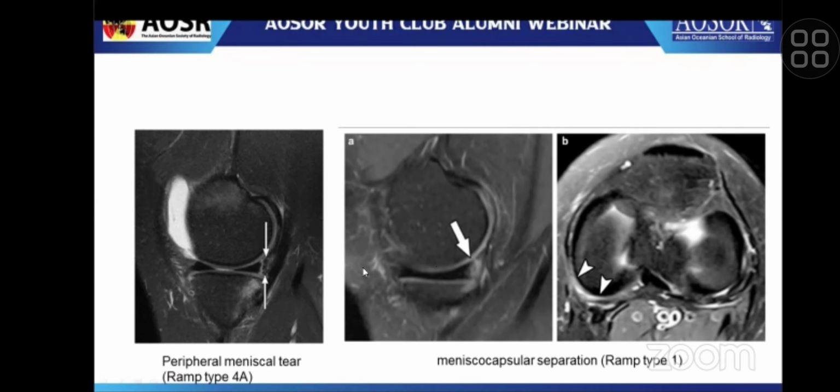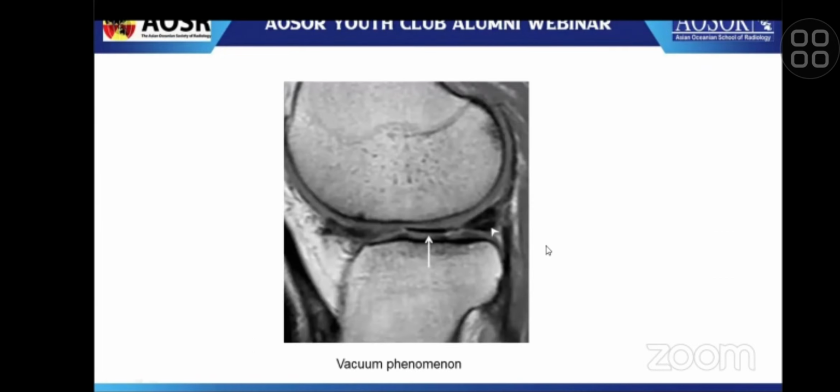We should differentiate them from each other, as peripheral meniscal tears are a much more serious problem for physicians. And do not confuse the vacuum phenomenon, which is intra-articular gas, with meniscal tears. It should be a pitfall for us.